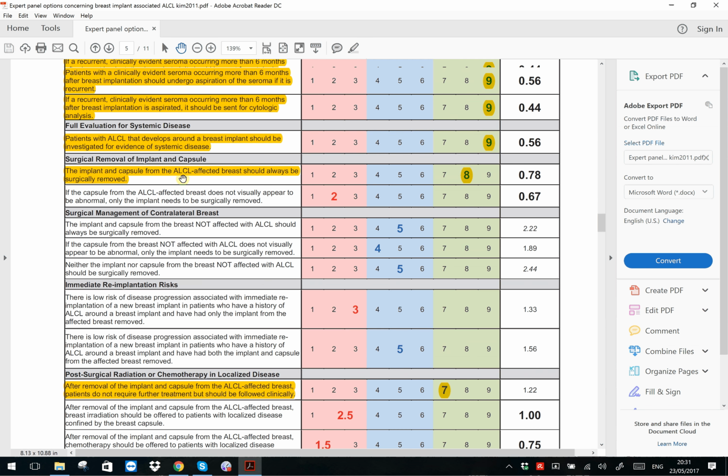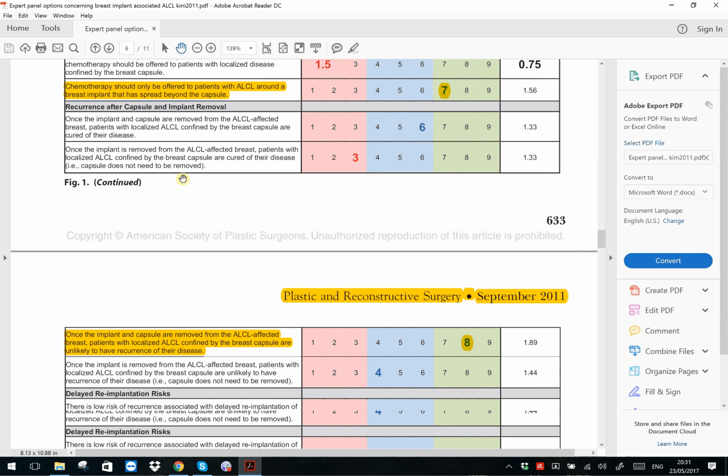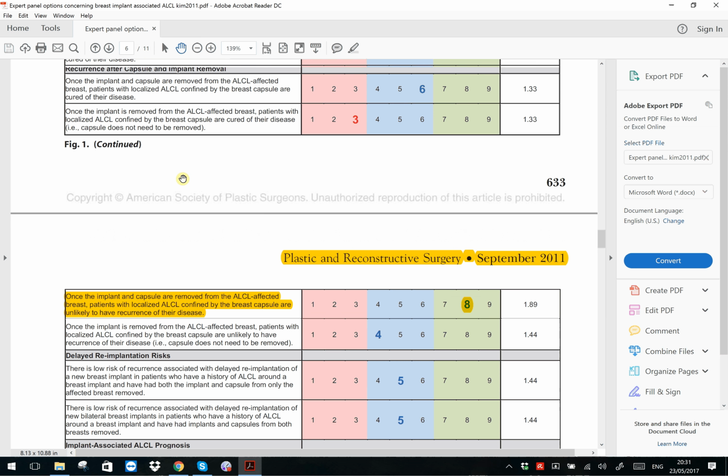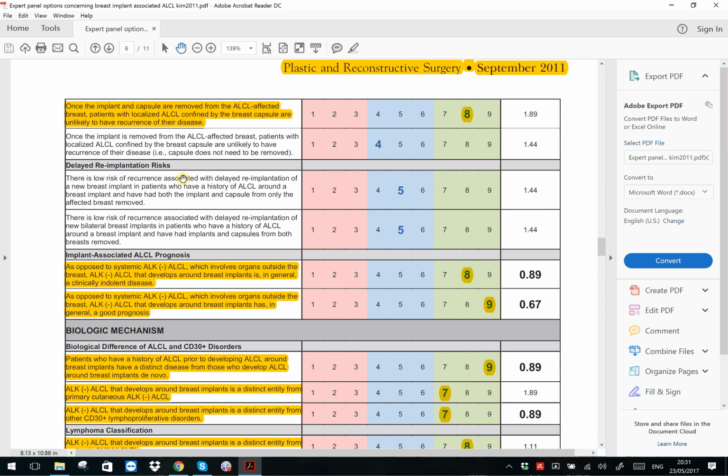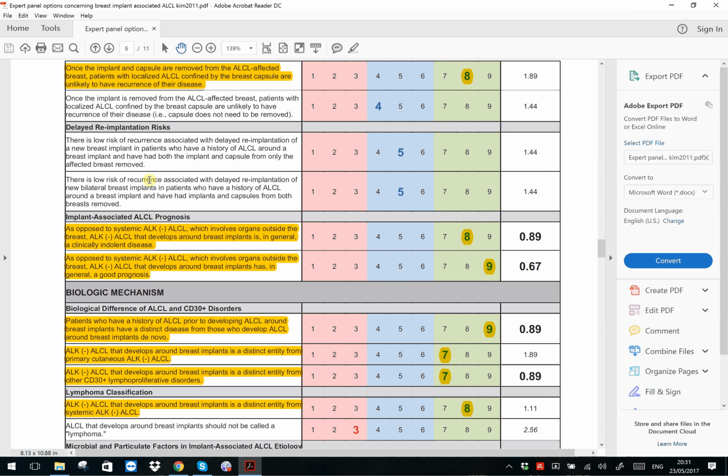And there's agreement between the experts that the prognosis is not comparable to the other anaplastic large cell lymphomas.